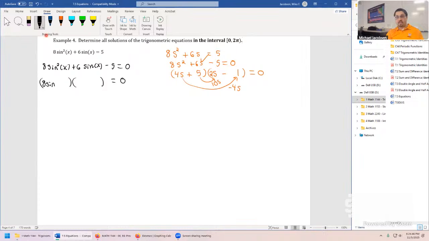I'll just write as sine x this way without parentheses. 2 sine x. Let's go plus 5. Minus 1, and that's automatically the right factorization. If it works over here, by analogy, it'll also work over here.